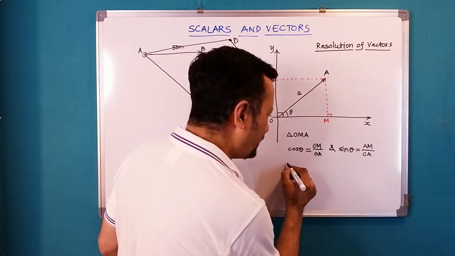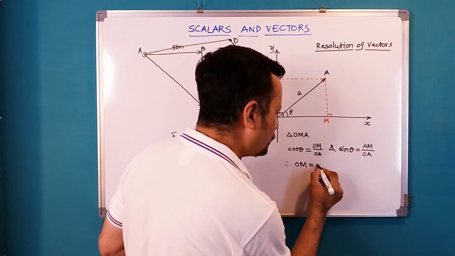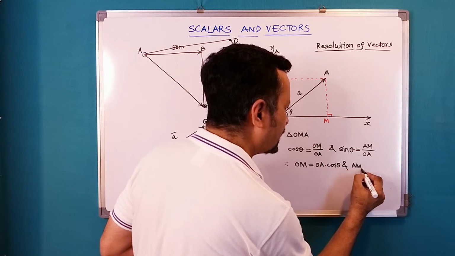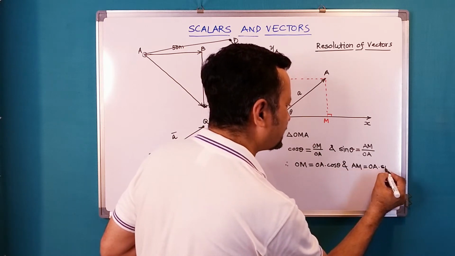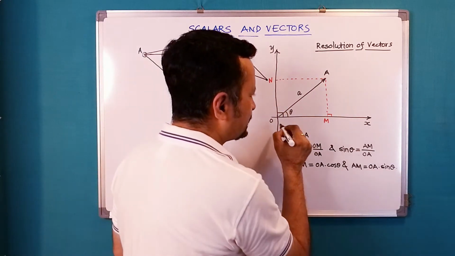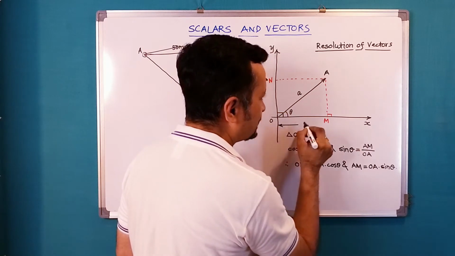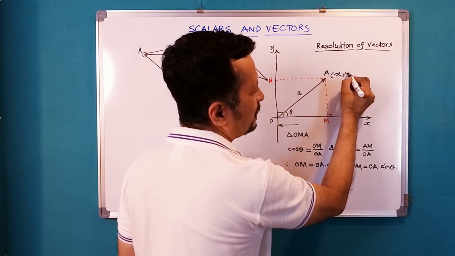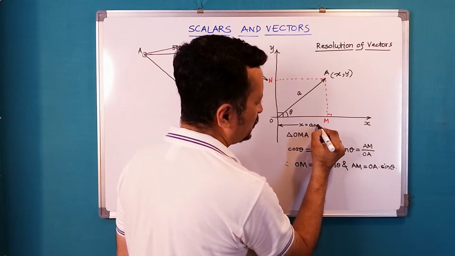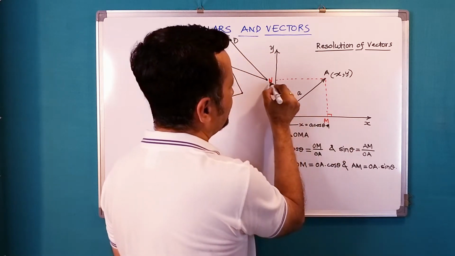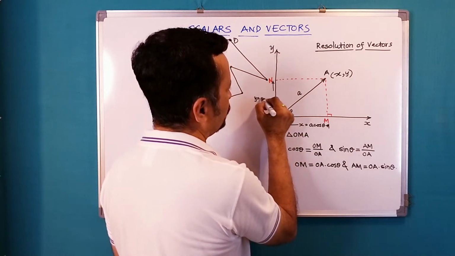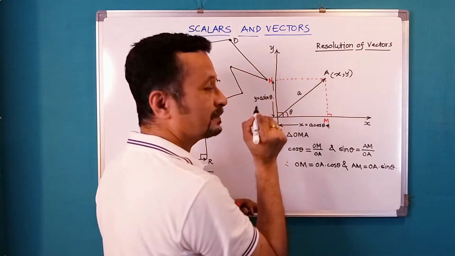So my OM is equal to OA into cos theta, and AM is equal to OA into sin theta. So I can say that suppose this point A has got coordinates x comma y, then this distance x would be equal to A cos theta, and this distance y would be A sin theta. Correct.